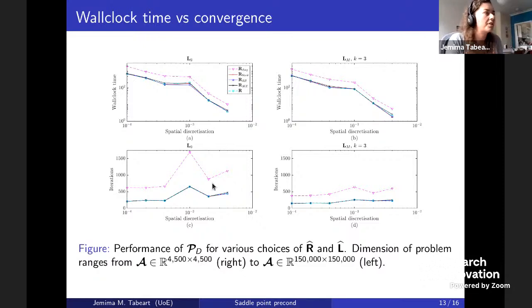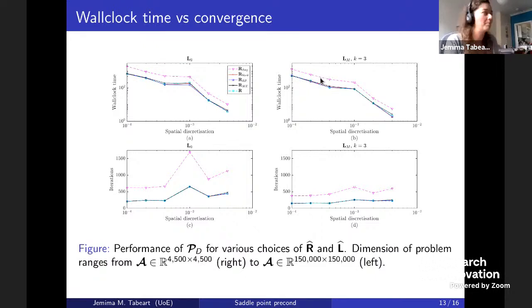So firstly, we note that if we use our new choice of LM, we get a reduction in iterations compared to using the identity. And this translates into a reduction in wall clock time as well, which is really good because obviously including this model information does increase the cost per iteration. We also see that we really, really need to include this correlated information in the preconditioner.